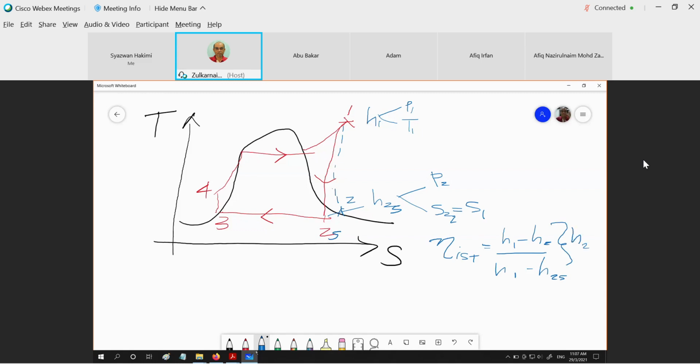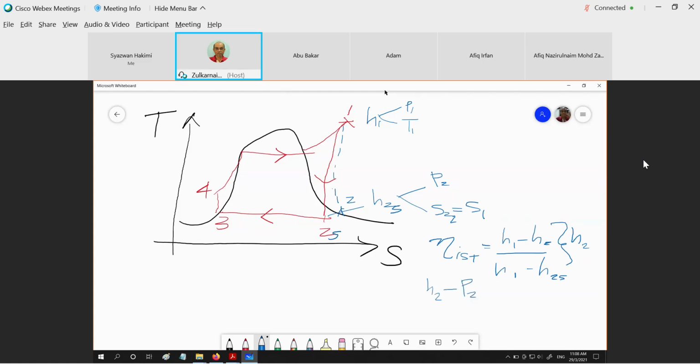If there is no isentropic efficiency, then this becomes 2. If there is isentropic efficiency, this becomes 2S and this becomes 2 actual. So to get 2S, we use P2 and S2S, which is equal to S1, and then we get the state 2S. After that, we use this formula of isentropic efficiency for the turbine to get H2.